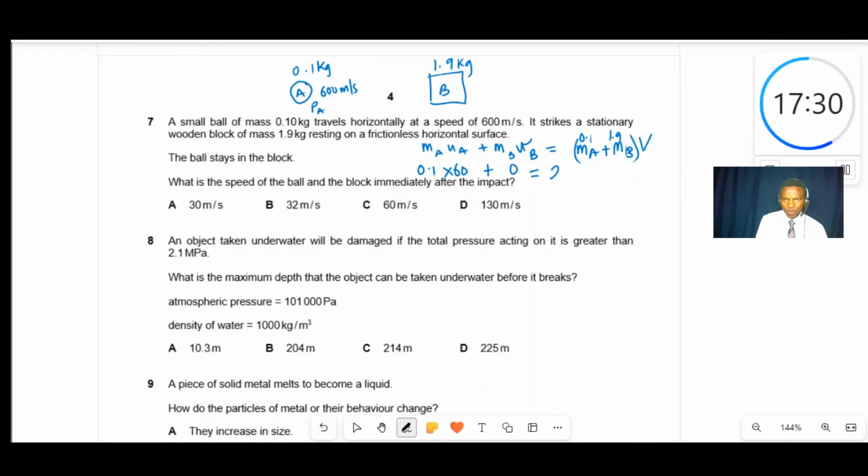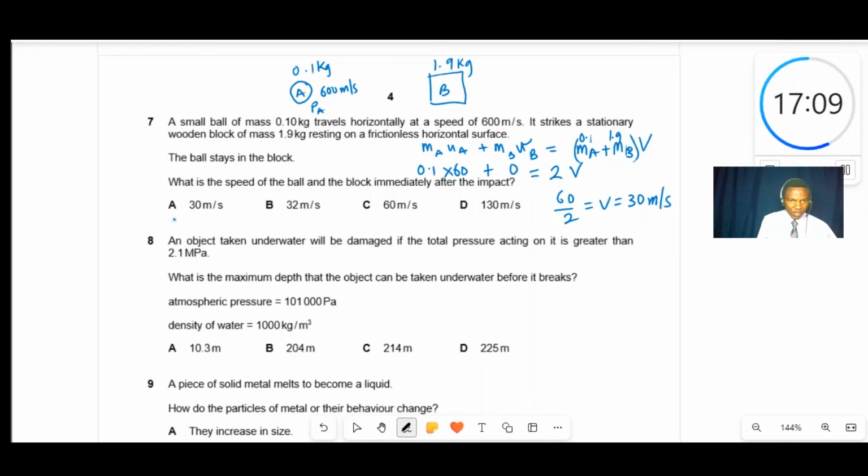So 60 divided by 2 gives us V, which is 30 meters per second. So number 7 is A.